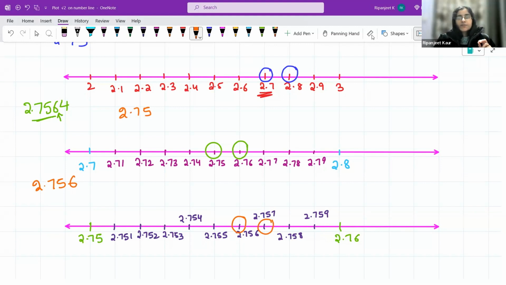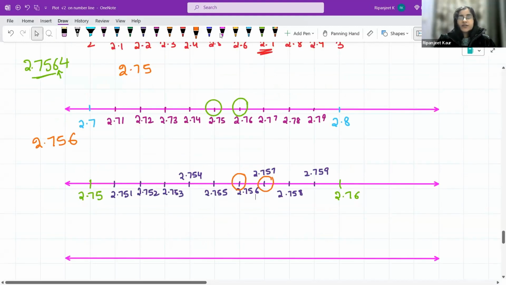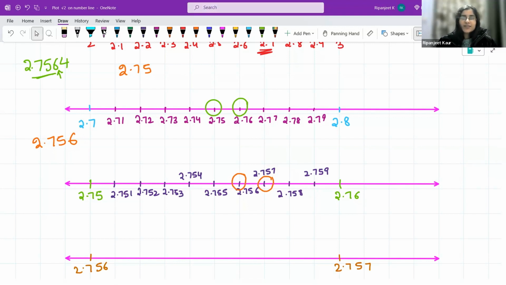Let us see it again. What are the numbers that are going to be here in between 2.756 and 2.757, right? Okay, hopefully we will be able to locate it right now.